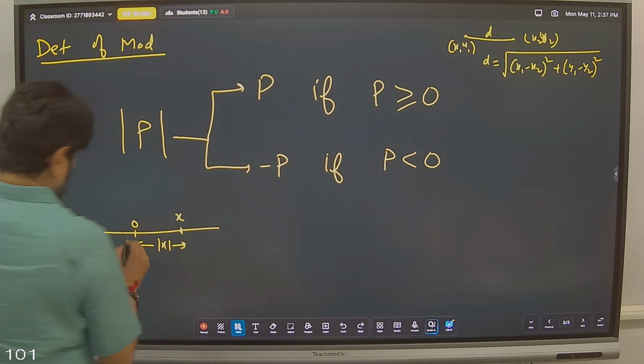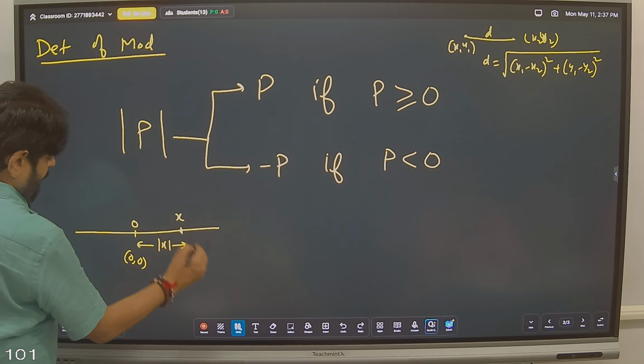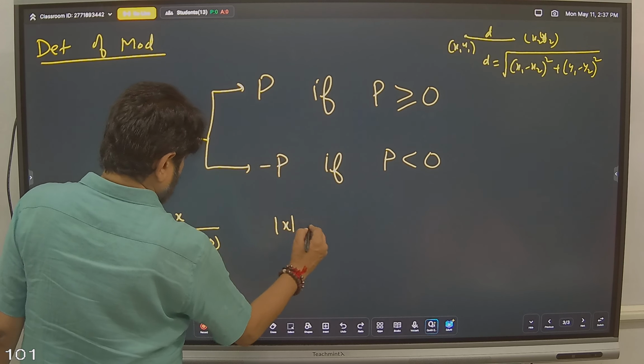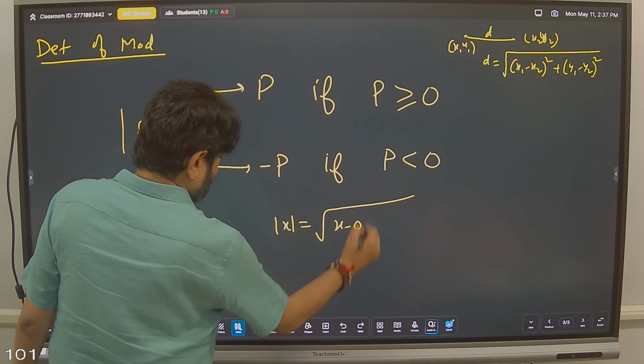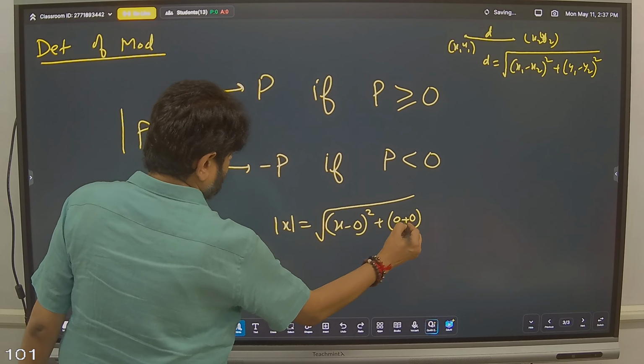But this is the 0, meaning 0, 0. This is the x, meaning x, 0, because these are on the x-axis. Now, mod x actually will be equal to root of x2 minus x1 whole square plus y2 minus y1 whole square.